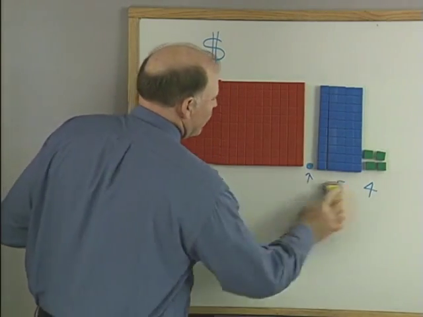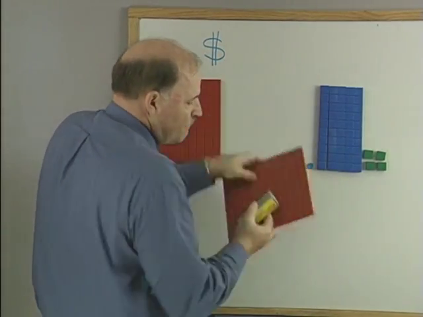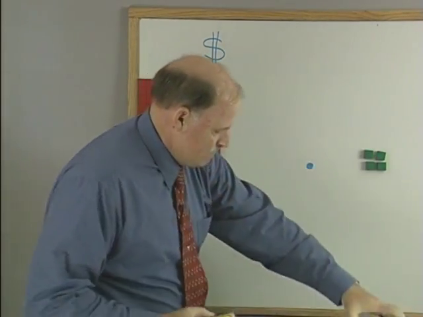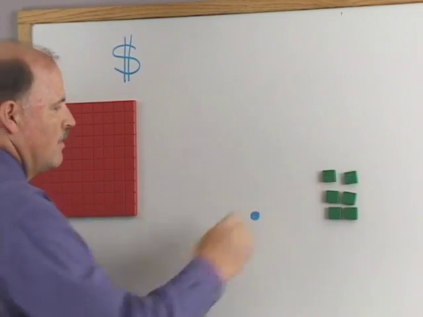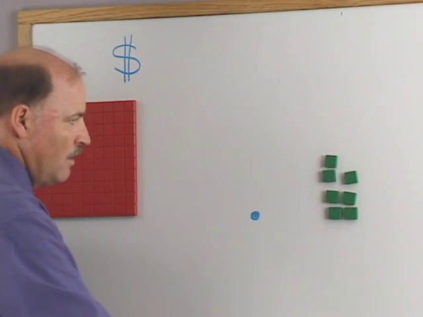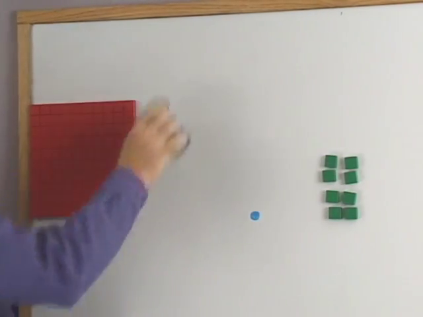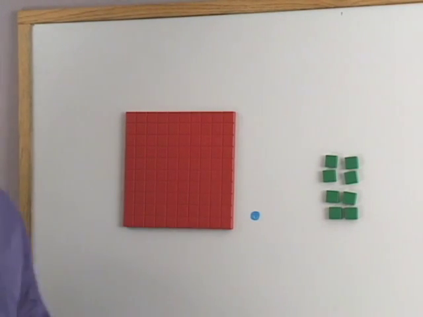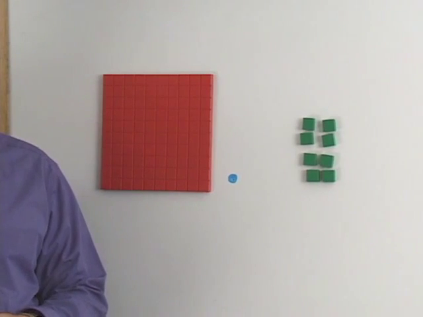Okay, let's do one more here. You tell me how much this is. You write down the answer on your paper, okay? Okay, write down how much money I have up there. How much money do I have up there right now? In terms of dollars.